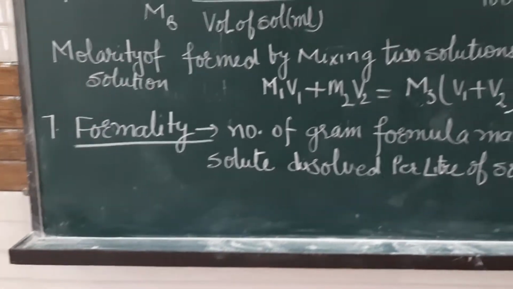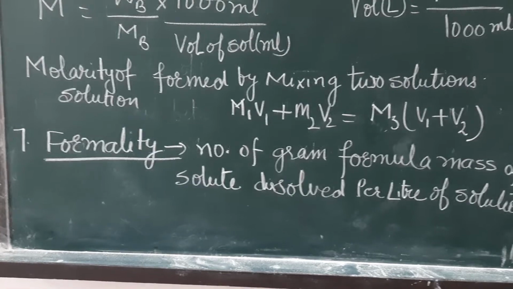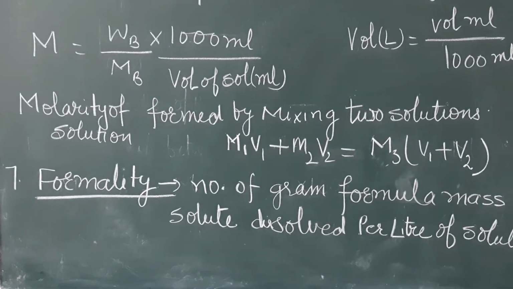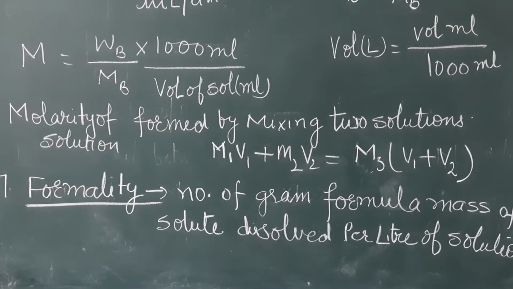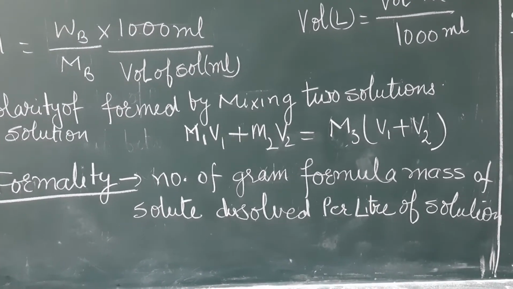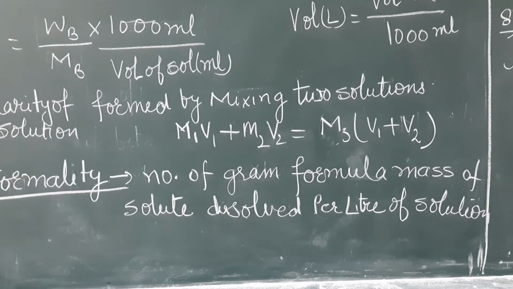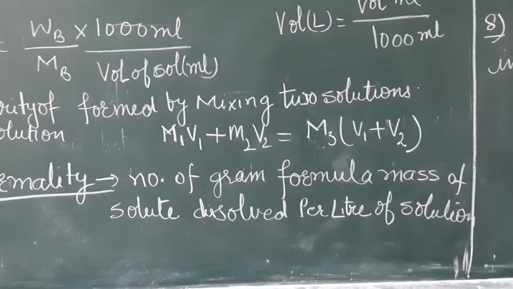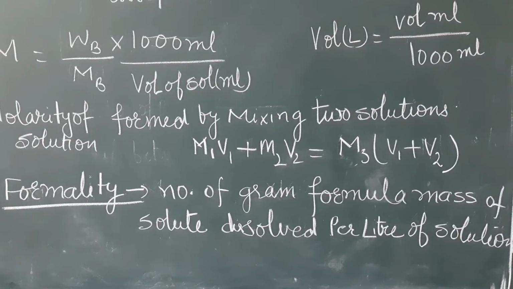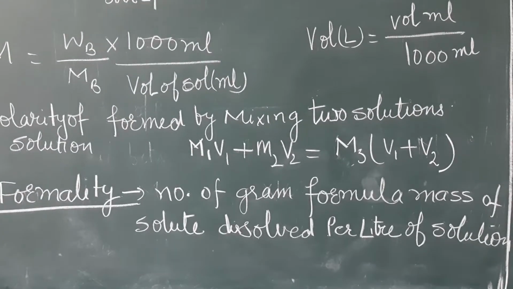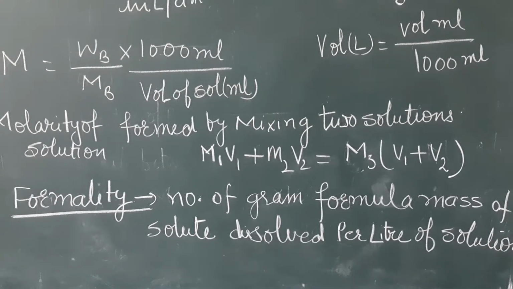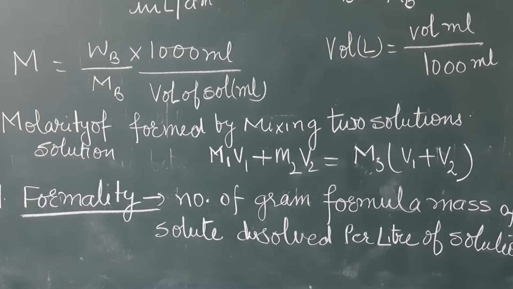Now the next term is formality. Formality we study in the case of ionic compounds, because ionic compounds do not exist as such in solution; they dissociate into ions. So here we cannot consider an ionic compound as a molecule, so we study formality, in which we discuss formula mass.